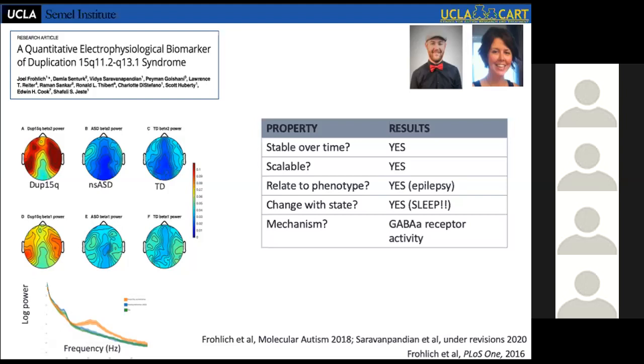There are some interesting data we have on sleep that I won't get into today. And then Joel did a really nice follow-up study where he looked at, through clinical data, mechanisms underlying this biomarker. And that paper was just published earlier this year or last year. What I'll say is that it seems as though that GABA receptor overexpression is necessary to have these high beta oscillations.